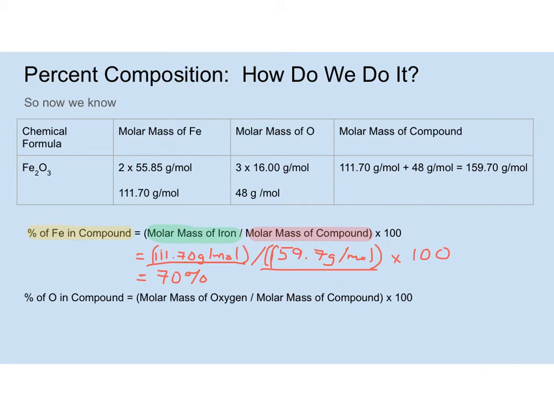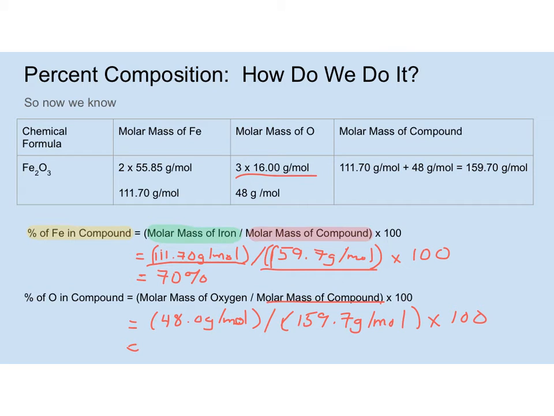Now let's do oxygen. Okay, if we're going to do oxygen, we say, what's the molar mass of oxygen? In this case, I have 3 of them, and each one's 16, so it's 48.0 grams per mole divided by the molar mass of the entire compound, 159.7 grams per mole, times 100.